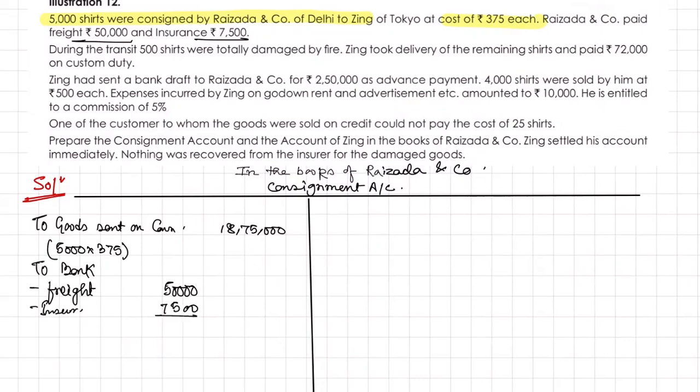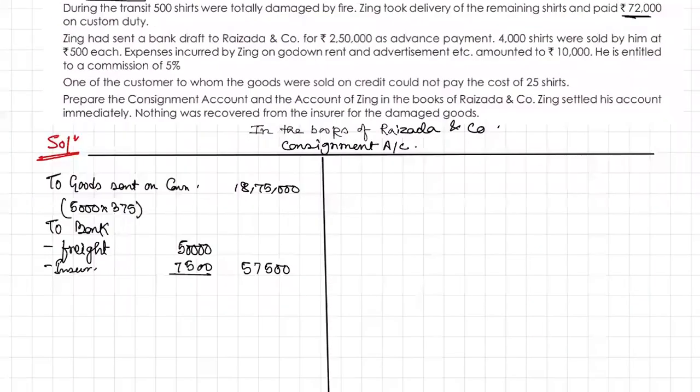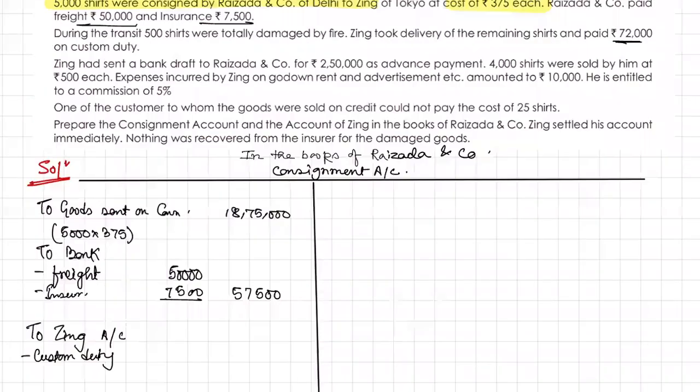So all total is 57,500. 500 shirts were damaged. Zing took the delivery and paid custom duty. He has paid custom duty to Zing account. Only custom duty.